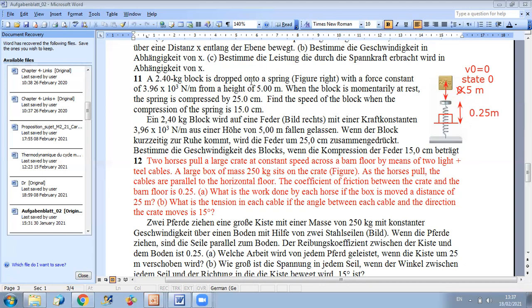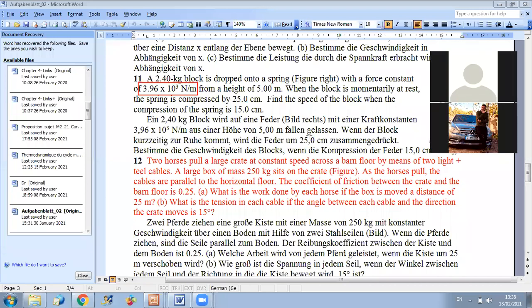In this problem, they could have made it a bit harder. Here they gave us more information than necessary, because they could have just given the initial state, which is v0 equals 0 and a height of 5 meters, and asked us what will be the speed when the compression is 15, without telling us that the block will stop when it's compressed by 25.